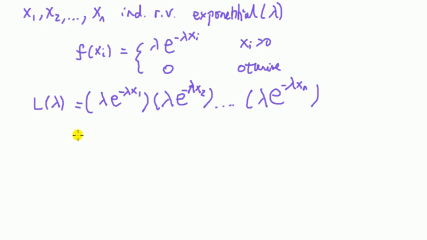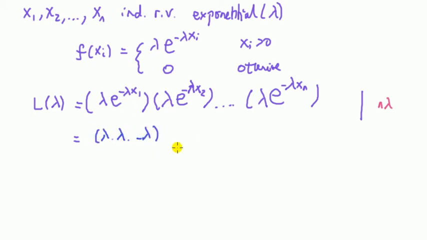Now it's just tidying things up. Let's group all these together. How many lambdas do we have? A common wrong answer is n times lambda. That's not the case. Let's group the lambdas together: lambda times lambda times lambda.